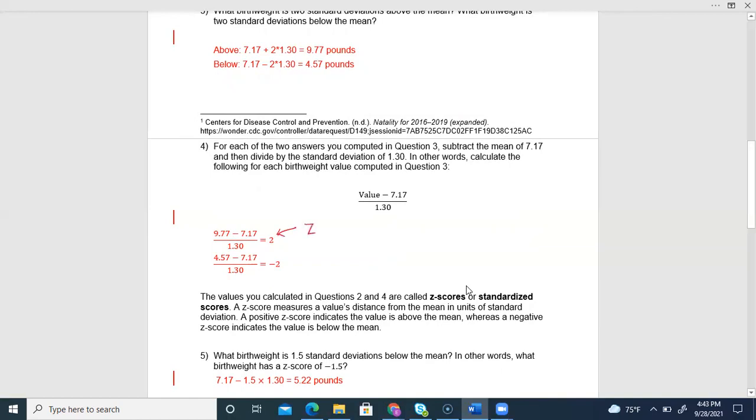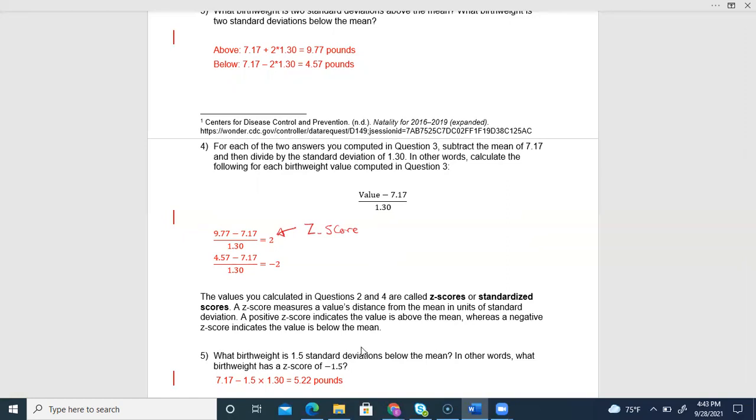Remember that we standardized the value, changing the regular number into a z value. So a z-score measures a value's distance from the mean in units of standard deviation.